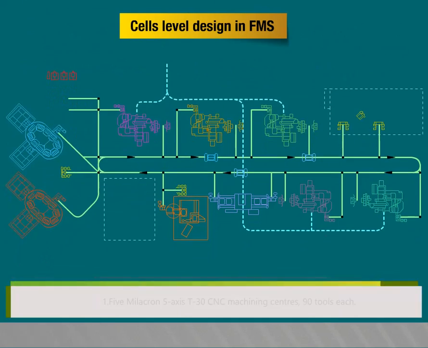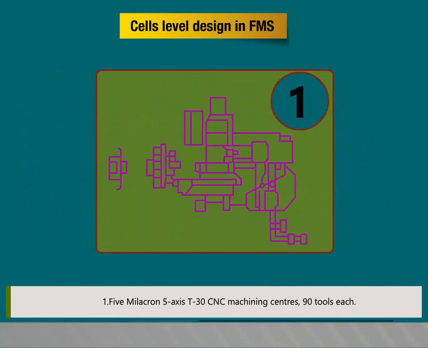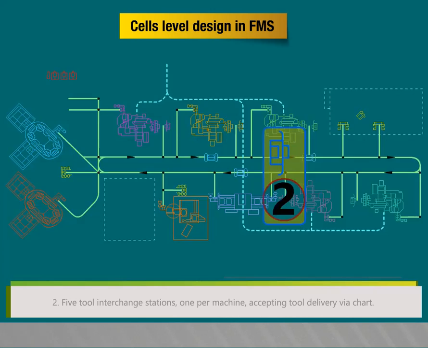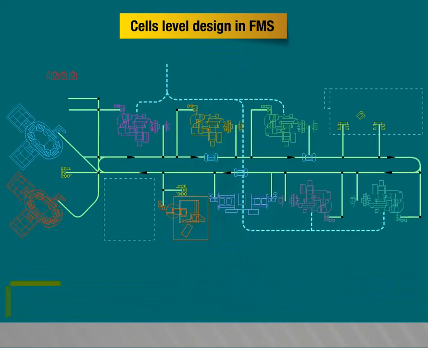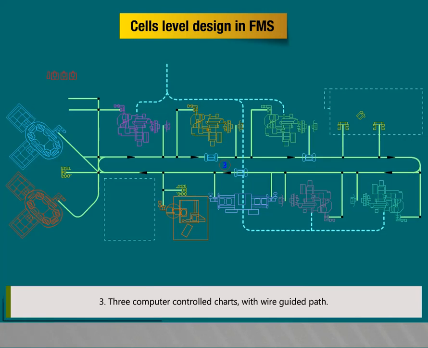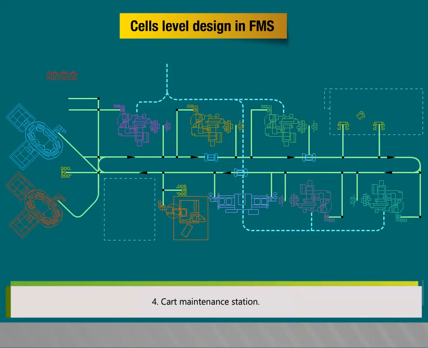1. 5 Milacron 5-axis T30 CNC machining centers, 90 tools each. 2. 5 tool interchange stations, 1 per machine accepting tool delivery via cart. 3. 3 computer-controlled carts with wire-guided path. 4.